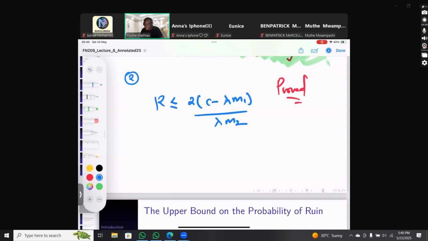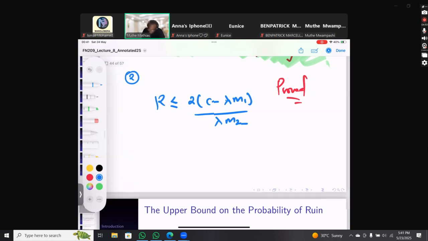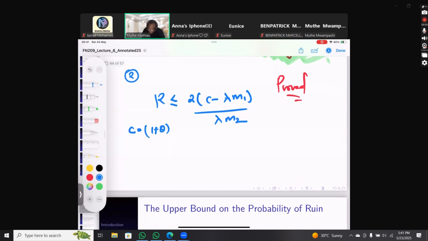So what I was saying is that this is straightforward, because what you have to do now is say that C is simply the pure premium, so it's C plus theta, multiplied by lambda M1. I'm using this here from this. This is what we have to use in order to prove that, right?